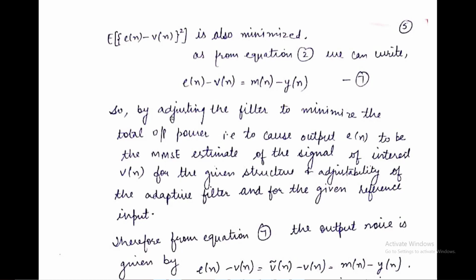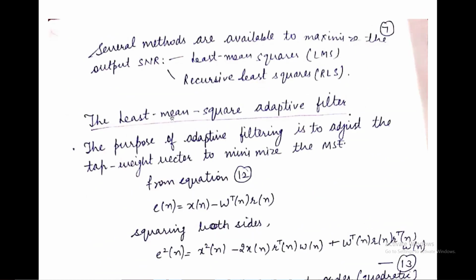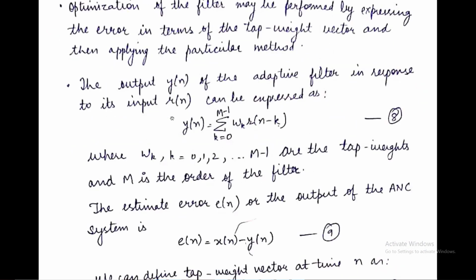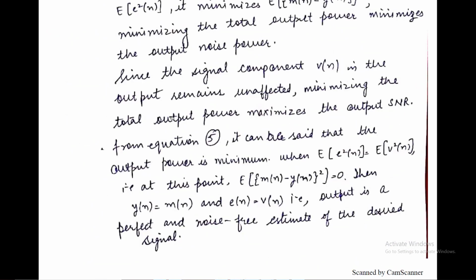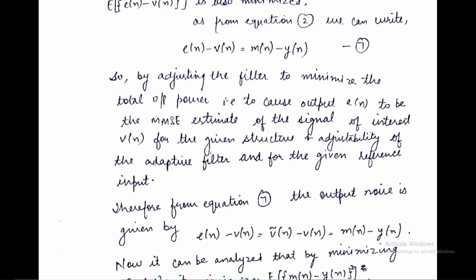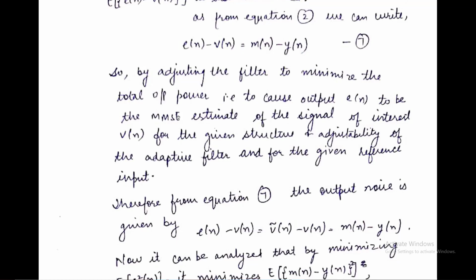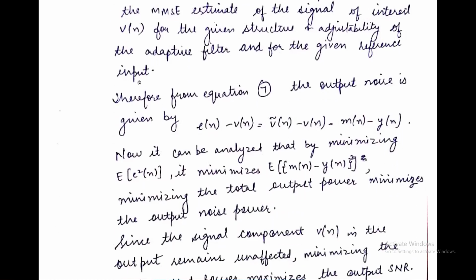Therefore, from equation number 7, you can see the output noise is given by again En minus Vn. So we can keep this En as the estimated signal, V hat n, that is again equal to Mn minus Yn.